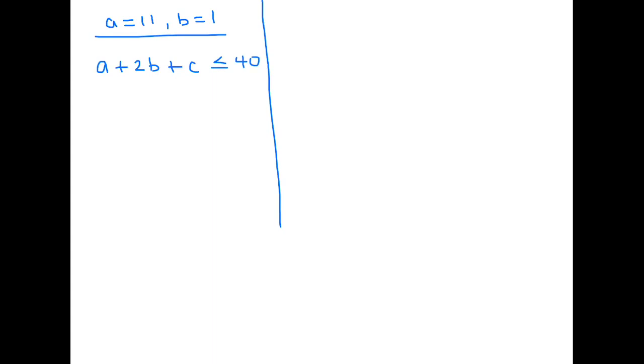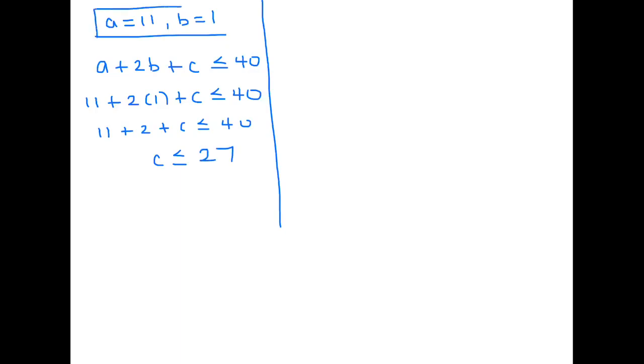How many values of c do we get? Well, a is 11, b is 1, and c we don't know. So we got 11 plus 2 plus c is less than or equal to 40. c is less than or equal to 40 minus 13, which is 27. So c is at most 27 in this scenario.